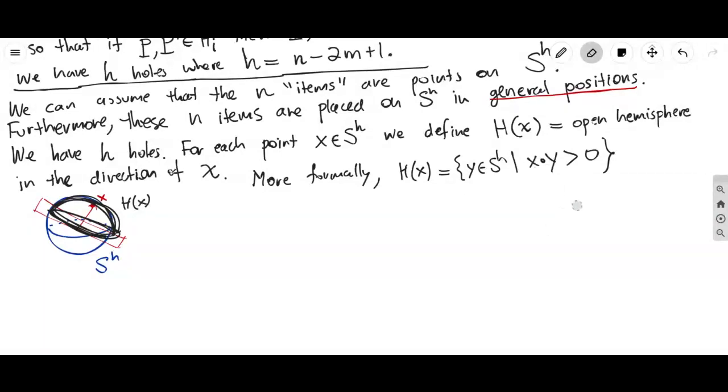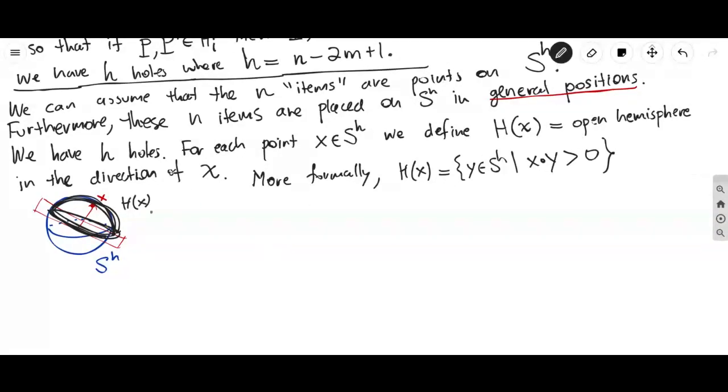And since it is acute, the dot product is positive. If it's on the equator, the dot product is 0 because it's perpendicular. And if it's on the opposite side, then the dot product will be negative because it's an obtuse angle. So you can talk about angles by using the dot product. That's how you can formally define this hemisphere, but I find it easier just to think of this picture. For every point on the sphere, you can construct the open hemisphere that's pointing in that direction.